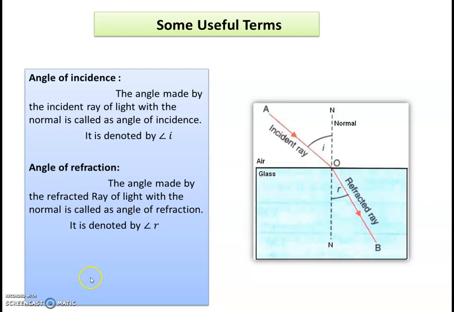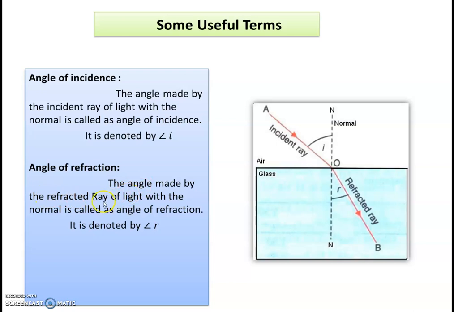In this figure you will find that when the incident ray strikes the surface, an angle is formed between the normal and the incident ray, and this angle is called the angle of incidence.